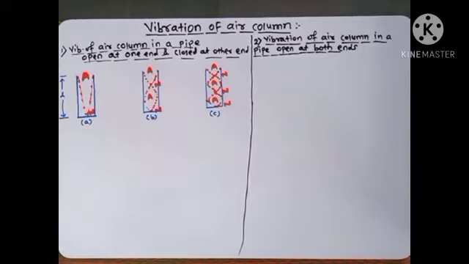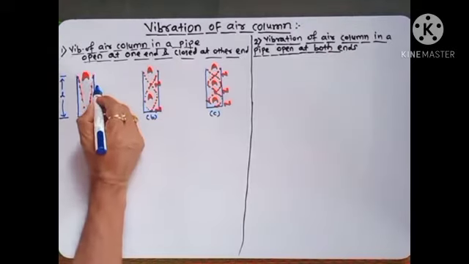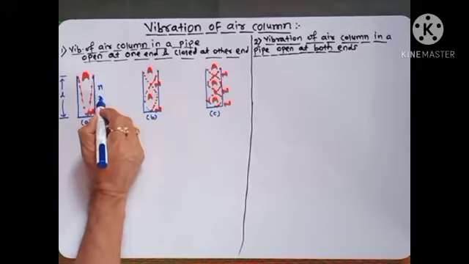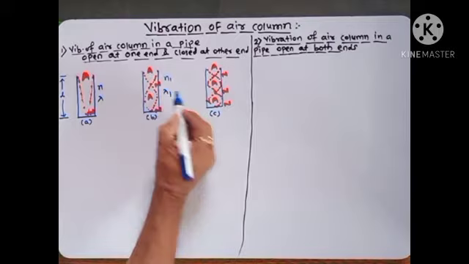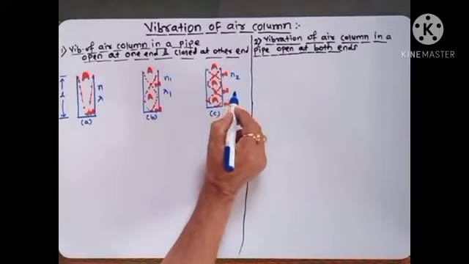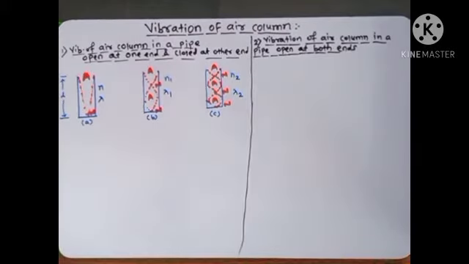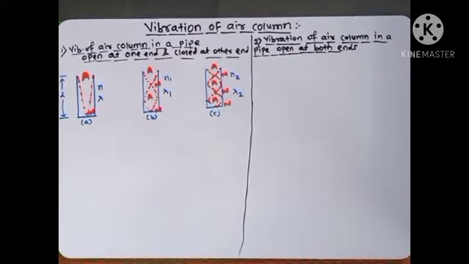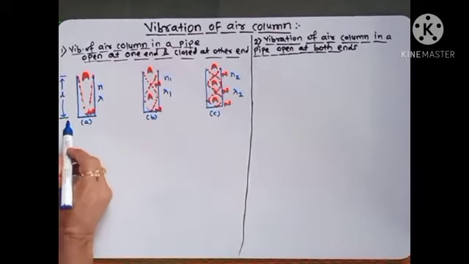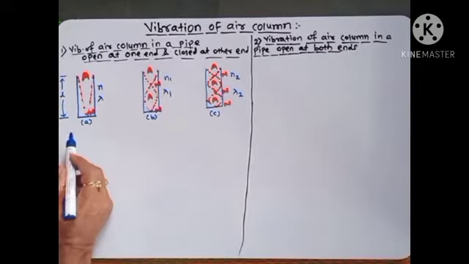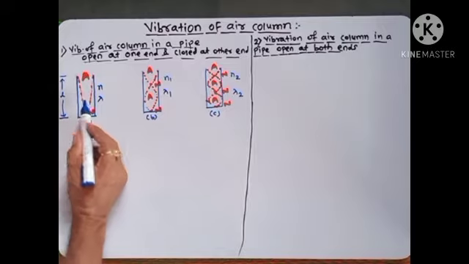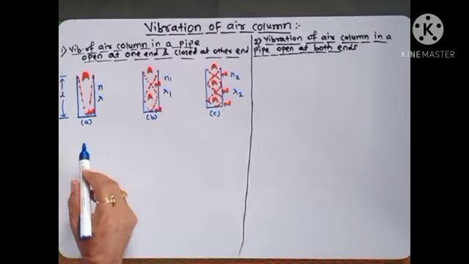Now here you see, suppose n is the frequency and lambda is the wavelength; n1 is the frequency, lambda 1 is the wavelength; n2 is the frequency, lambda 2 is the wavelength. Now here L is the length of the pipe. We compare this wavelength and length.